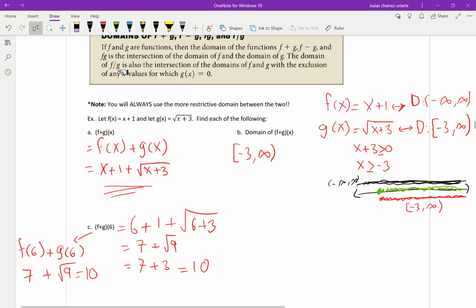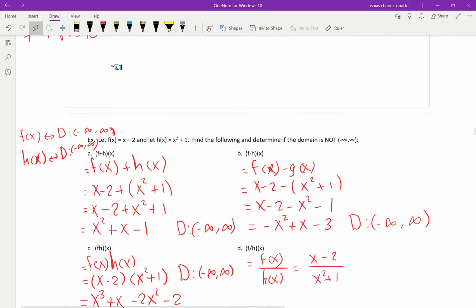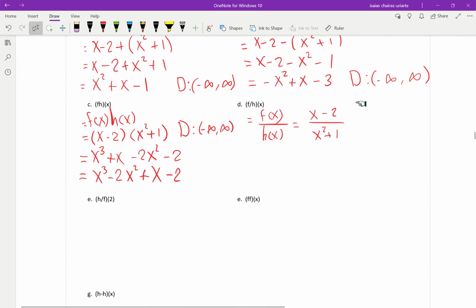All right, so here the domain of this function is going to be the intersection of f and h, which is negative infinity to positive infinity. But then we have to exclude any values of x that make the denominator 0.